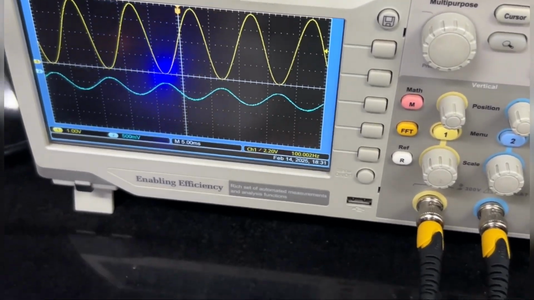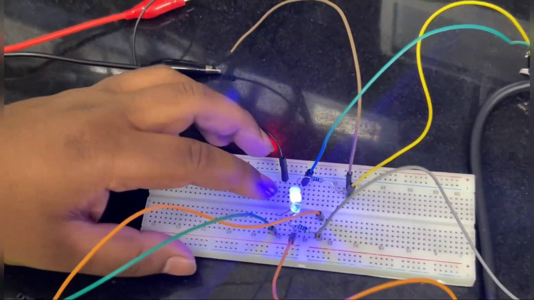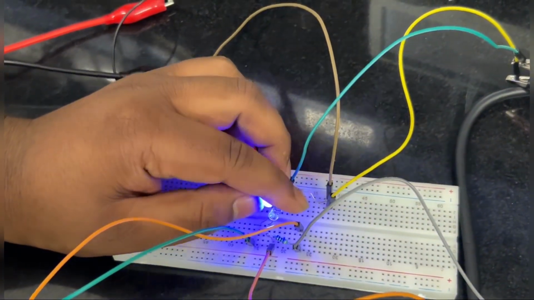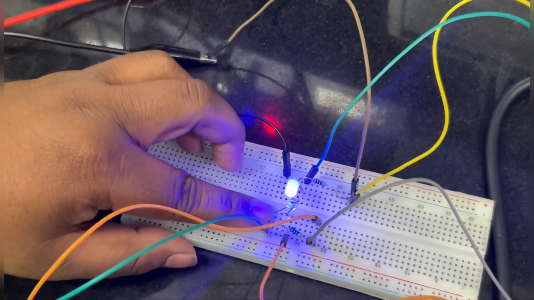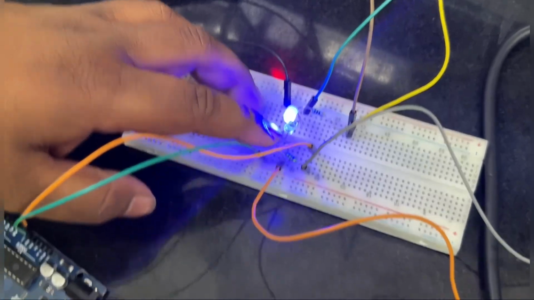For the second connection, I have connected the photodiode. This terminal is the negative one, and this is the positive one.